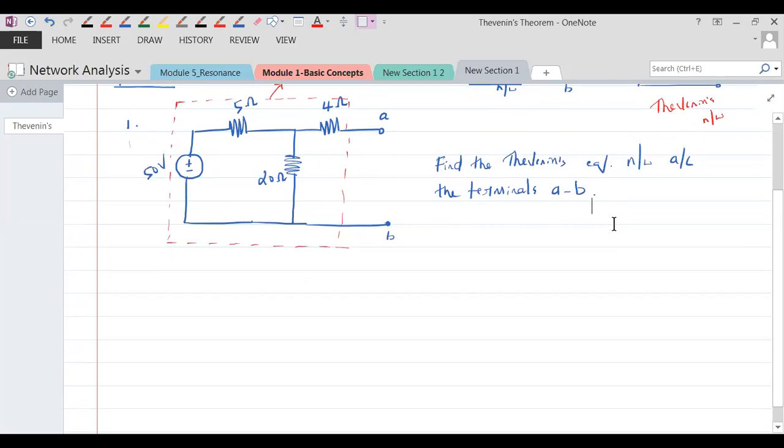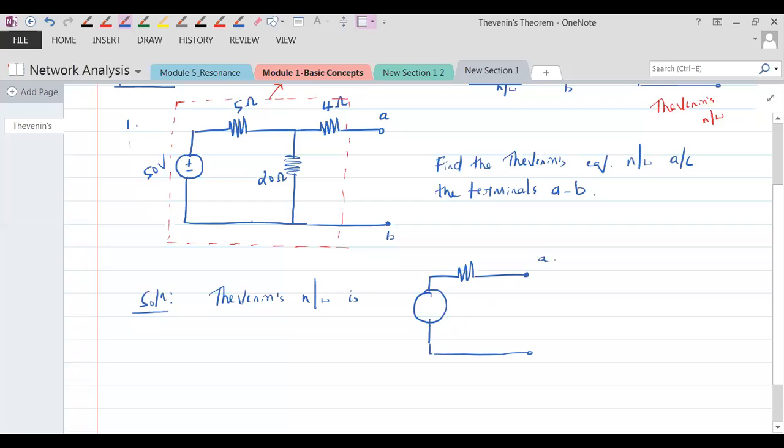So in the solution, we shall say this. Thevenin's network is this: plus minus Thevenin's voltage, which is the open circuit voltage, and Thevenin's resistance.